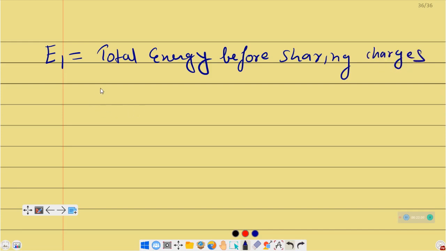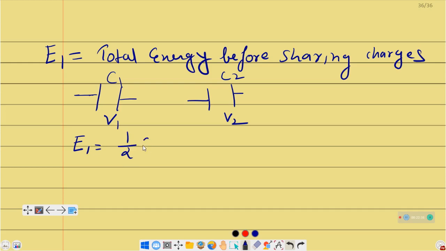Let's say there are two capacitors of capacitance C1, C2, charged to different potentials V1 and V2.